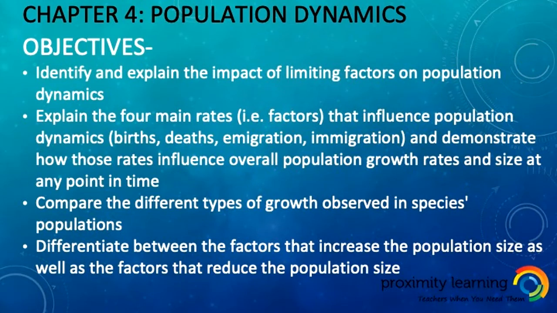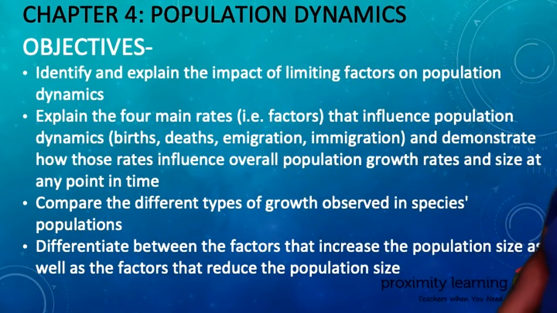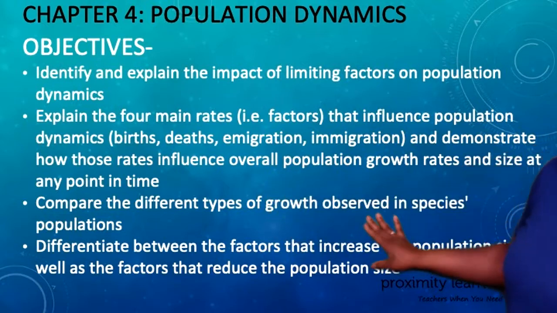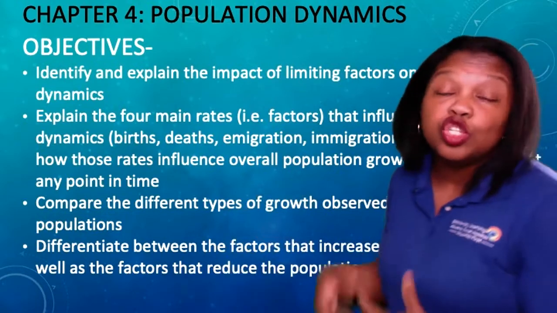We're also going to be talking about growth rates and what type of things influence the overall population growth rate within a given time. We're also going to discuss different types of growth observed in species populations. And then we're going to end it off looking at the differences between population size and the factors that can actually help reduce population size.